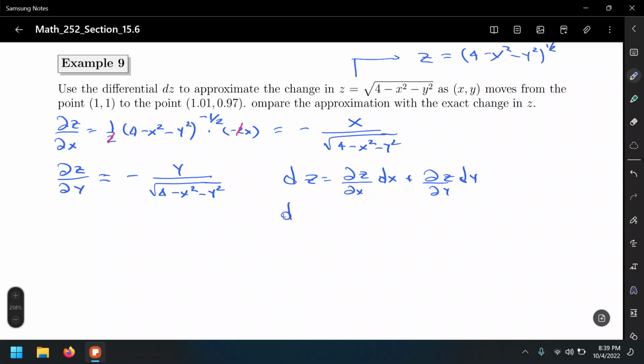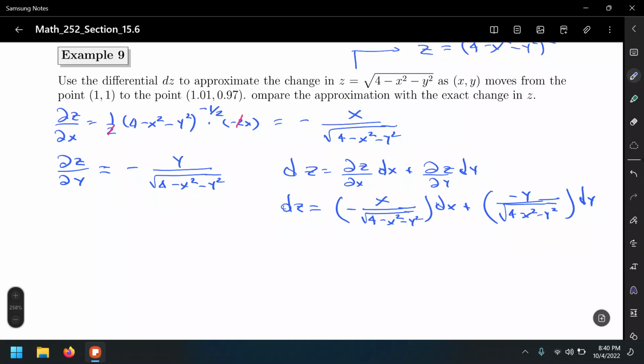So dz equals negative x over the square root of 4 minus x squared minus y squared times dx, plus negative y over the square root of 4 minus x squared minus y squared times dy. That's the expression that we will use to find the approximated change, and then we're going to compare with the actual change.